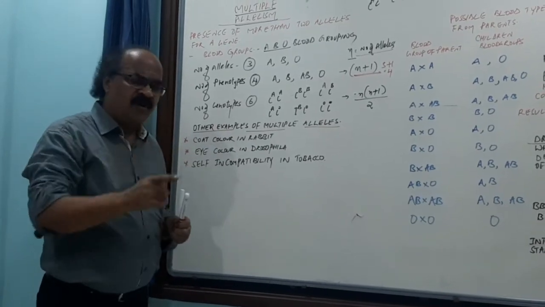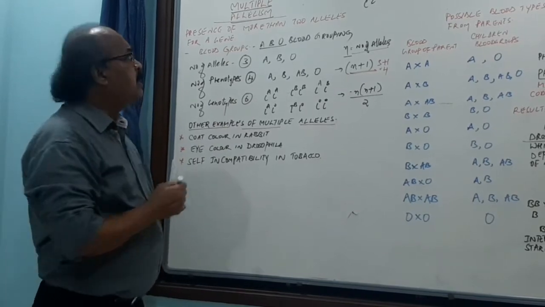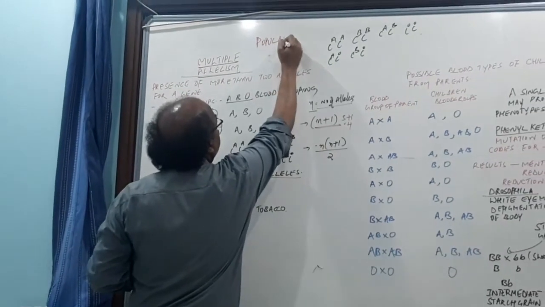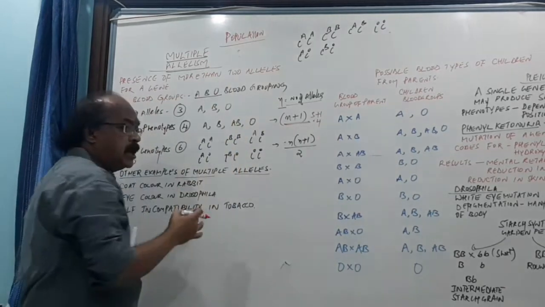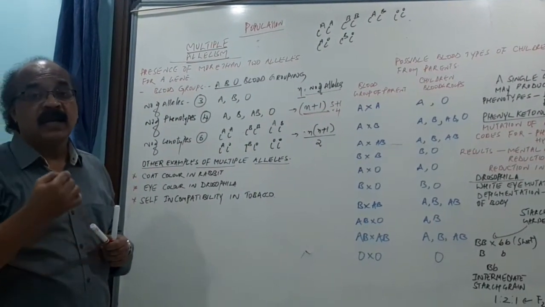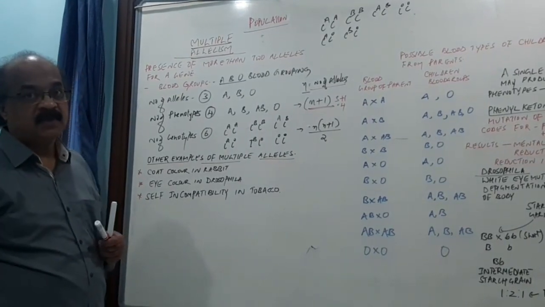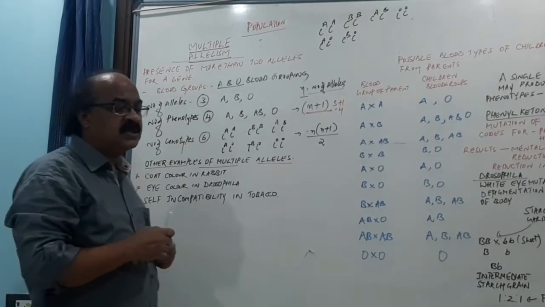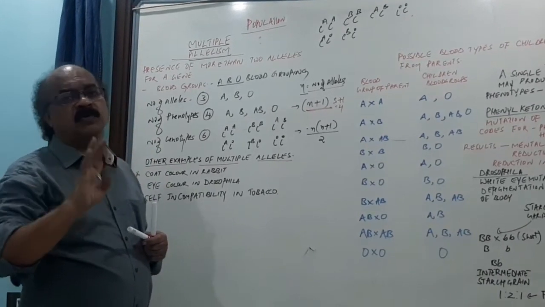One of the very important points in multiple allelism, they are present in population. In a population, you can expect multiple allelism, whereas in an individual, for every gene, only 2 alleles. So take for example, blood group. If your blood group is A blood group, IA or IO.